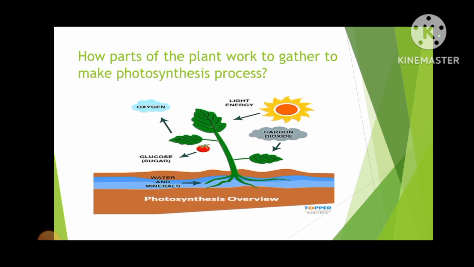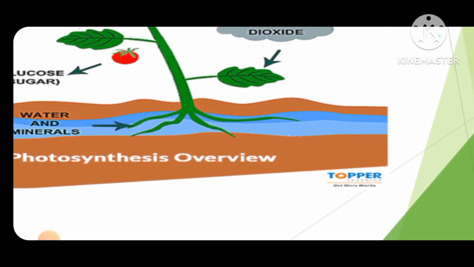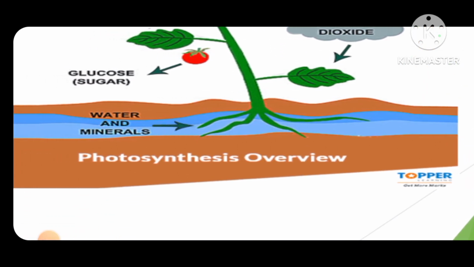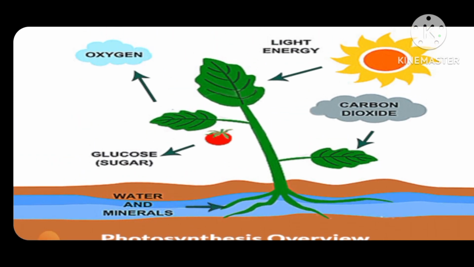But after photosynthesis process, how parts of plant take substance from root to leaf or from leaf to root? Last time we see that root under the soil are the part that absorb water and the minerals or water and the nutrients.